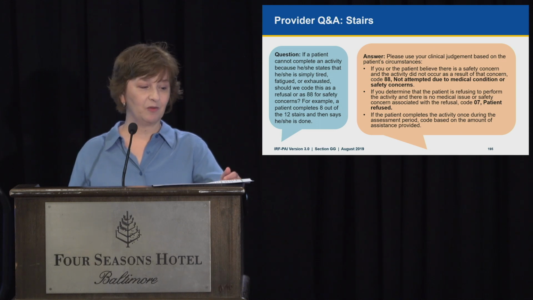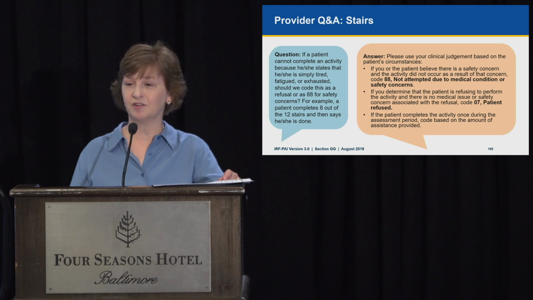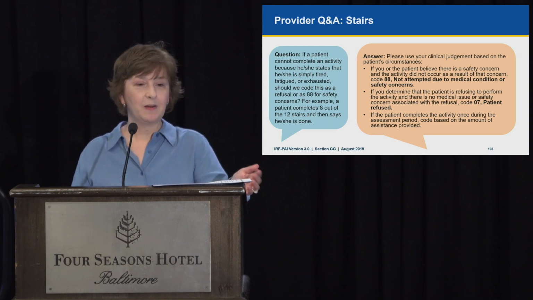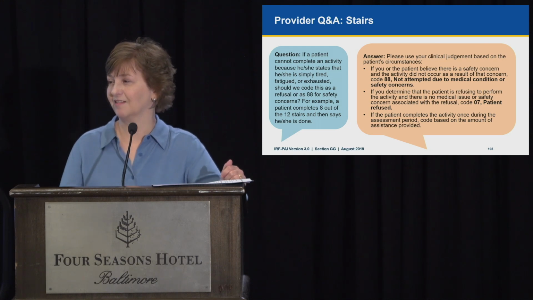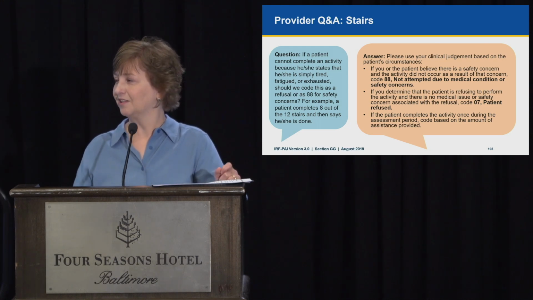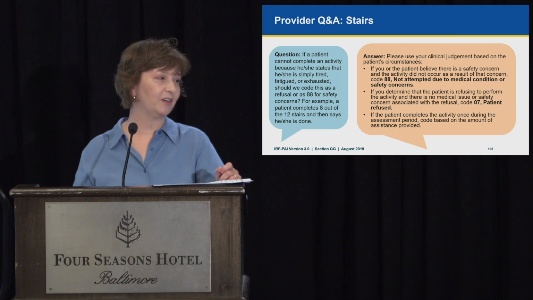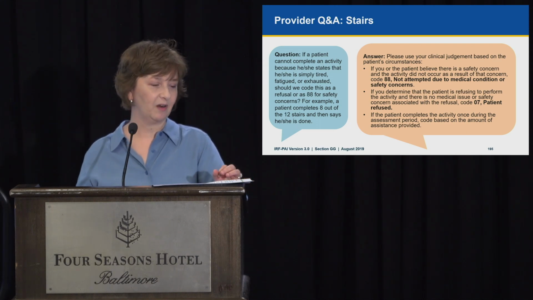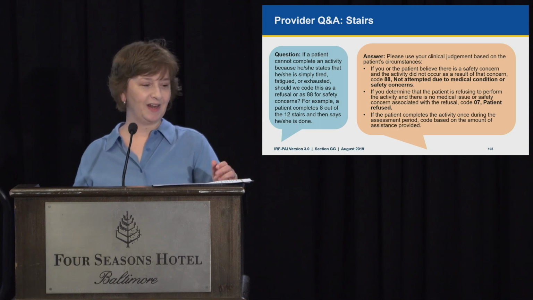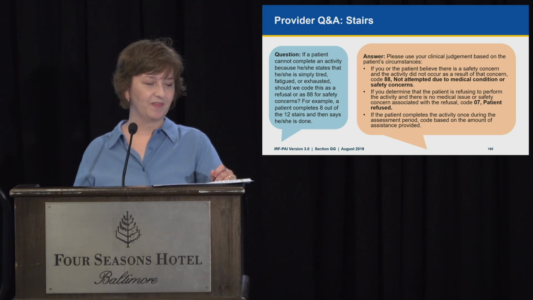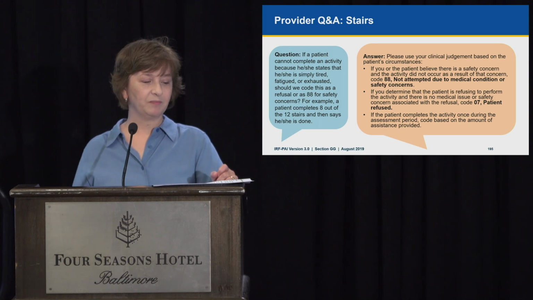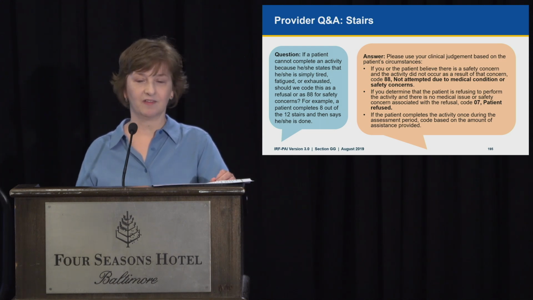If you believe that the patient is refusing to perform the activity and there's really no underlying medical or safety issue, you may code 07, but my guess is in most instances there's probably a legitimate underlying issue going on, and you may certainly code that an 88, or probably an 88 would be most instances. If the patient completes the activity once during the assessment period, code based on the amount of assistance provided.